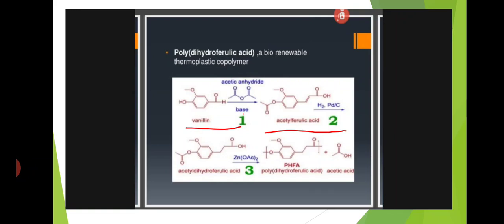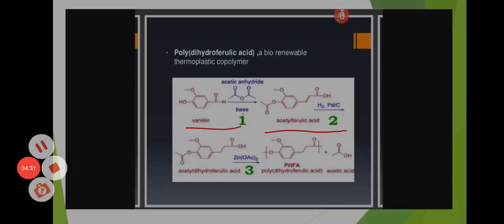This acetyl ferulic acid undergoes reduction with hydrogen and palladium and forms acetyl dihydroferulic acid. This acetyl dihydroferulic acid, in the presence of zinc acetate, is converted to polydihydroferulic acid plus acetic acid. This is a biorenewable thermoplastic copolymer.